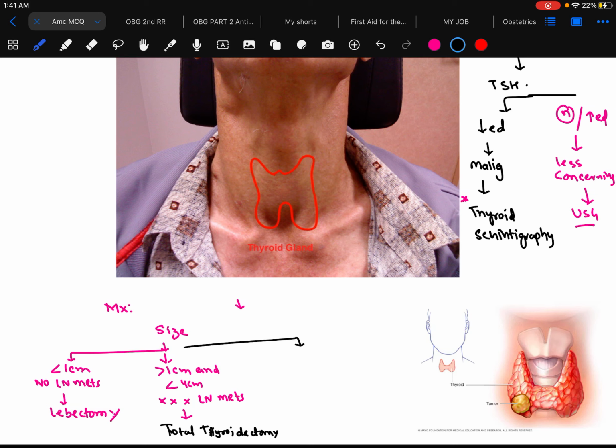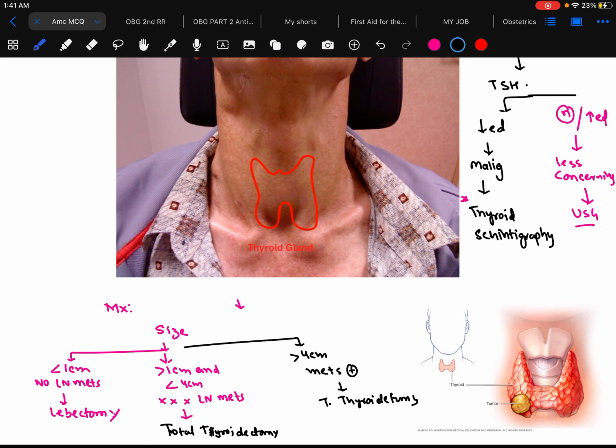Then if a patient has a malignant thyroid nodule of more than 4 centimeters and or metastasis is positive, you will go for total thyroidectomy.